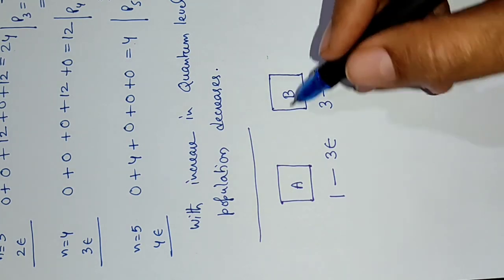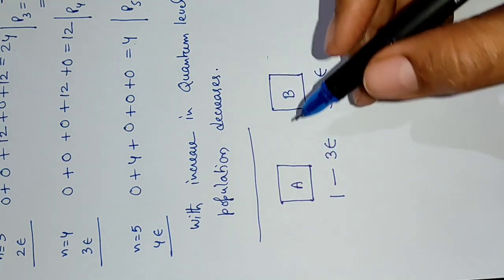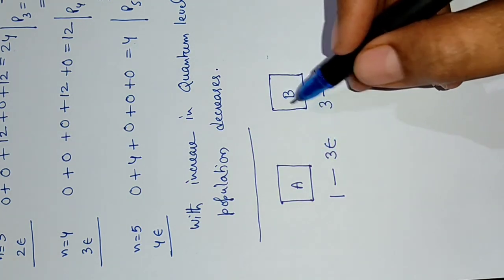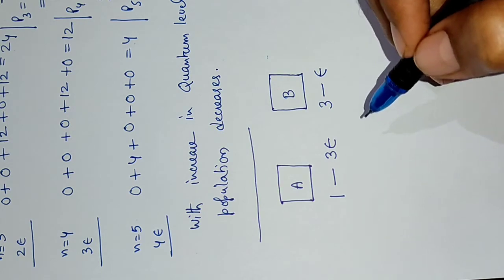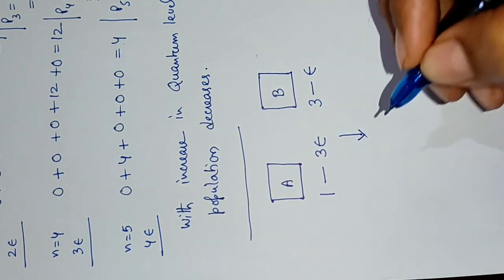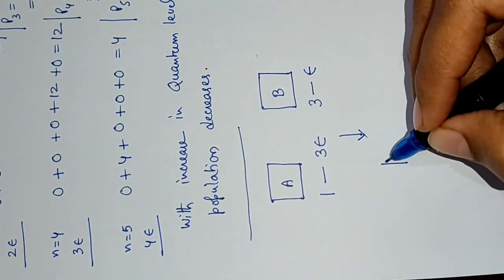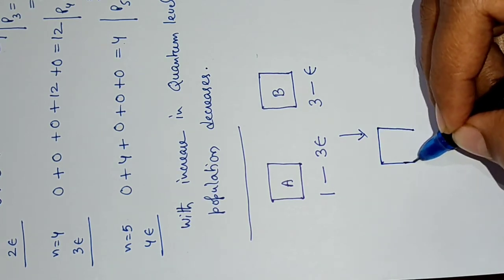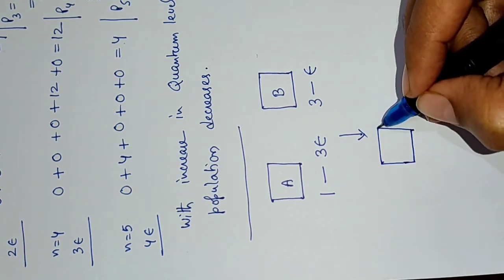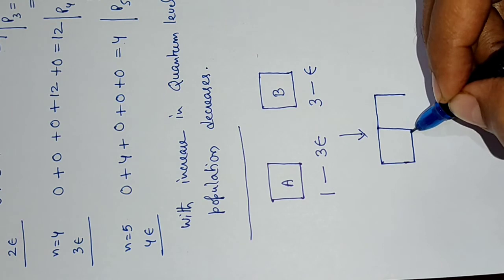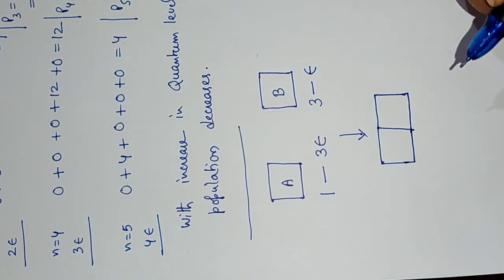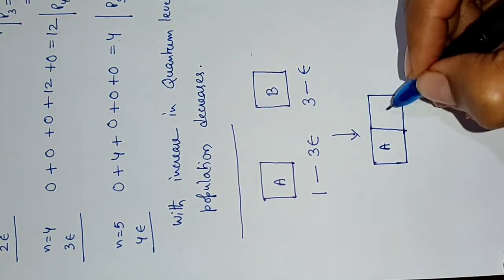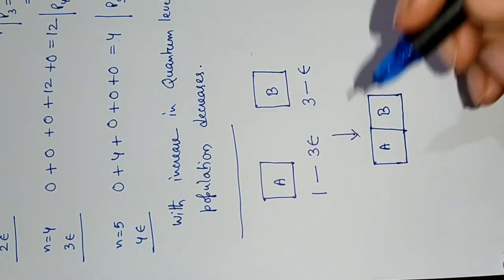If I bring these two systems in contact, so let us do this. We bring these two systems in contact and isolate the combined system from the surrounding. What will happen?